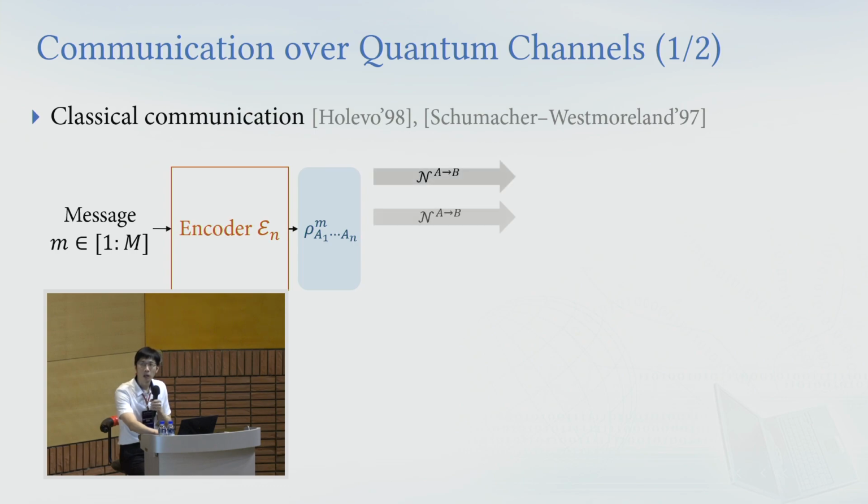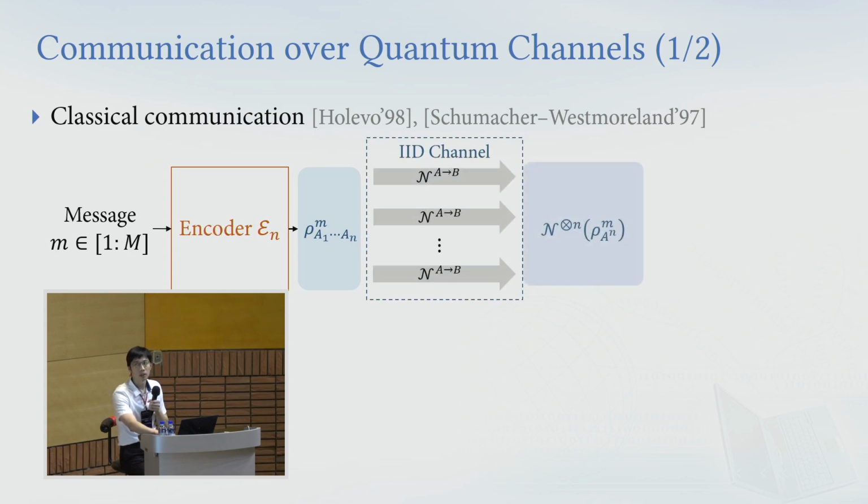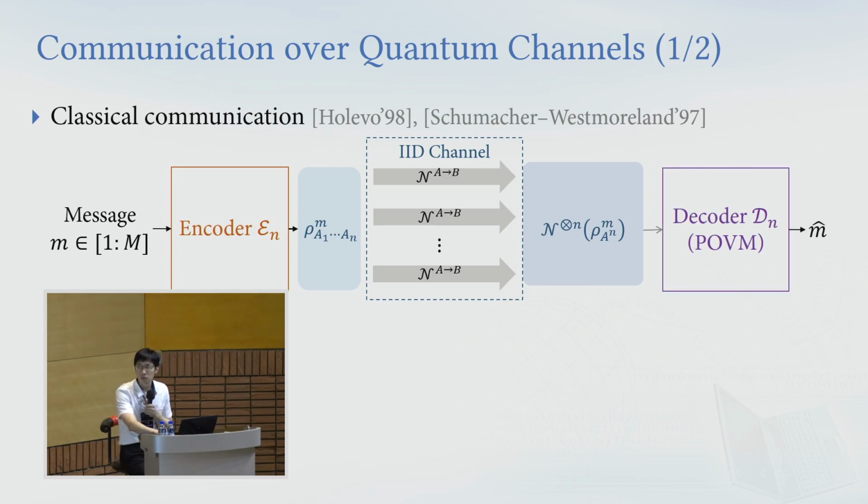Then each subsystem suffers from some IID quantum noise, modeled by an IID quantum channel acting on each subsystem. So at the channel output, we get this noisy version of the state. Then we apply some quantum measurement, which is a POVM, to get the estimated message.